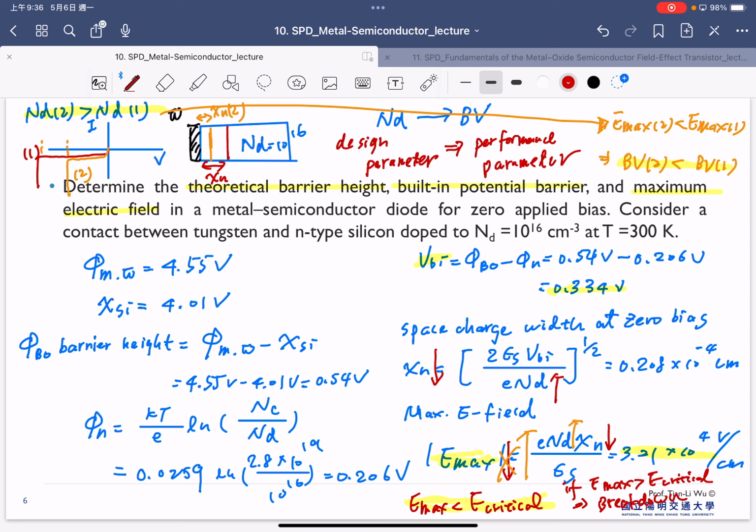And that's why the one with a higher concentration always has a lower breakdown voltage.